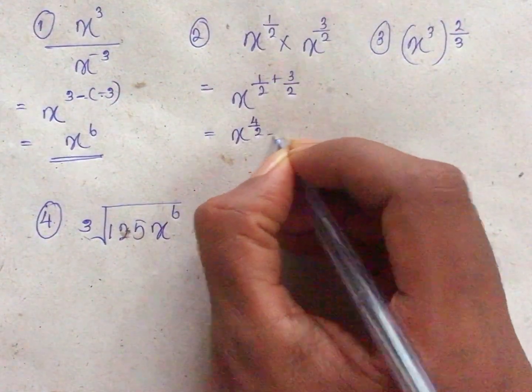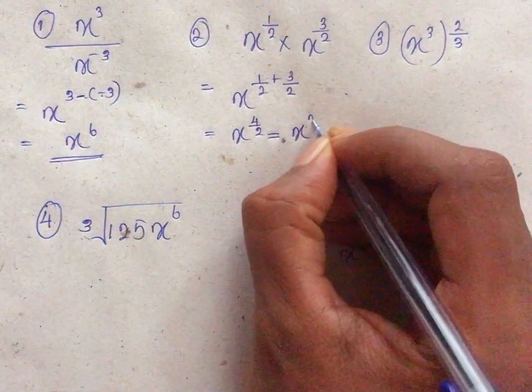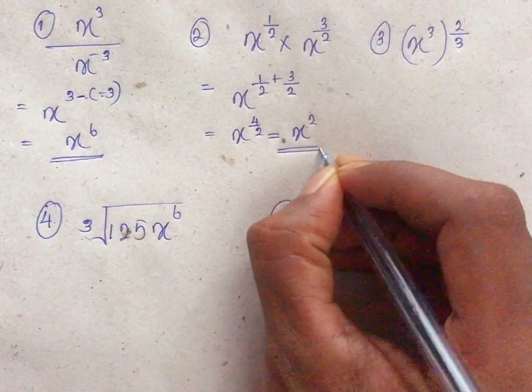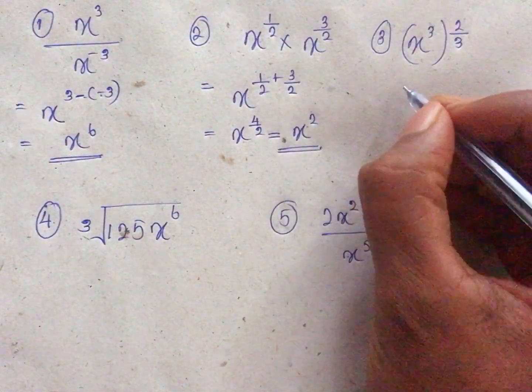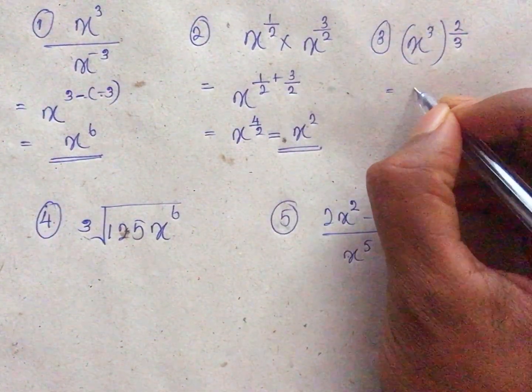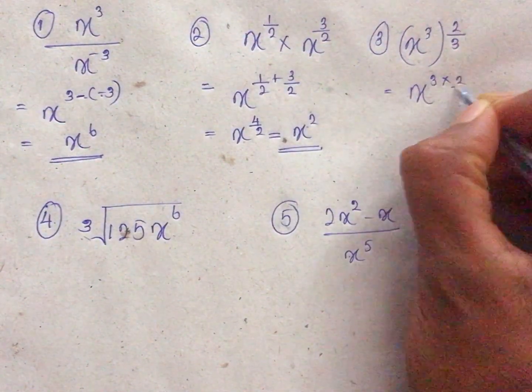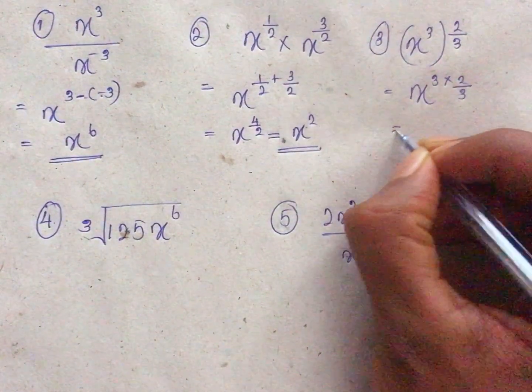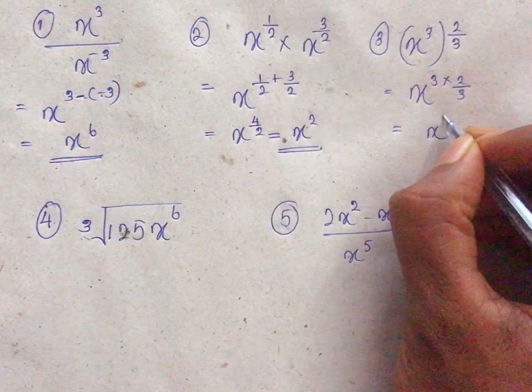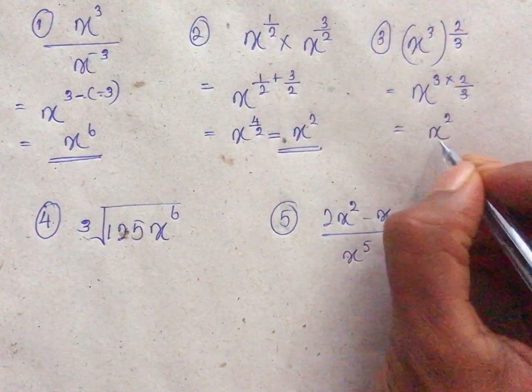Then you get x to the power 4 over 2, it is x to the power 2. Third case is x to the power 3 into 2 over 3. We need to multiply these two powers. We get x to the power 2 again.